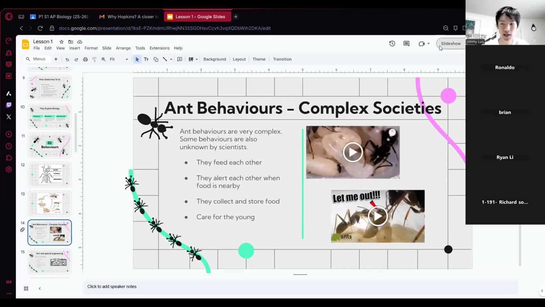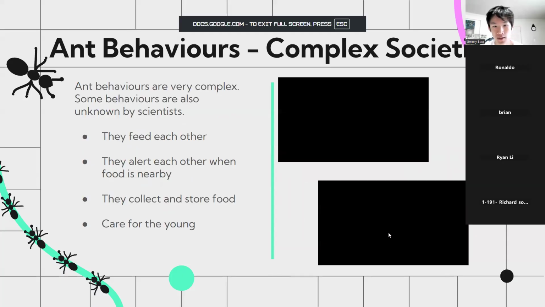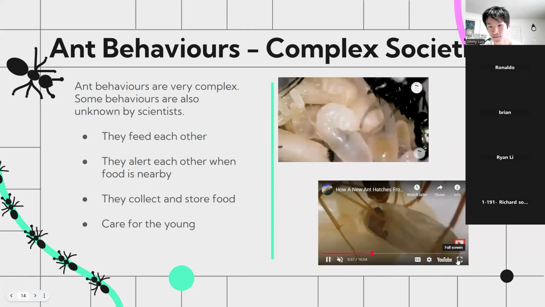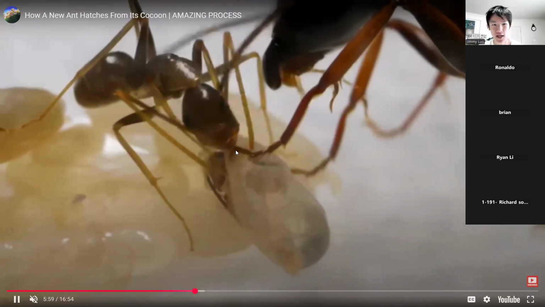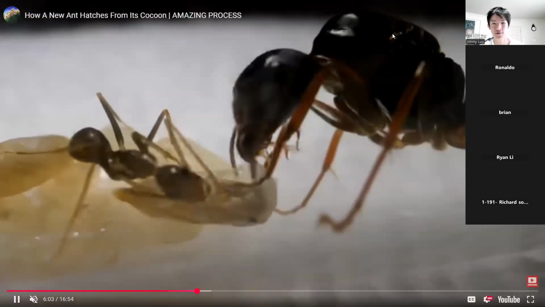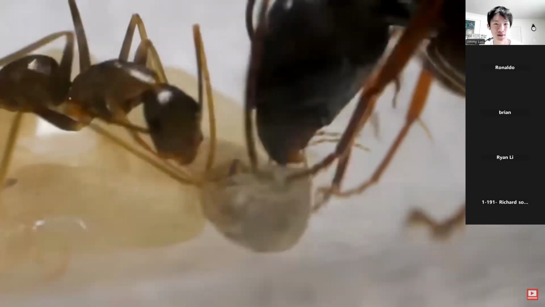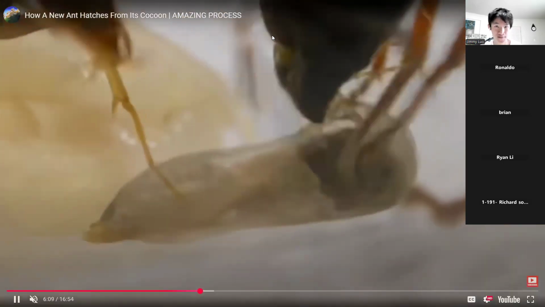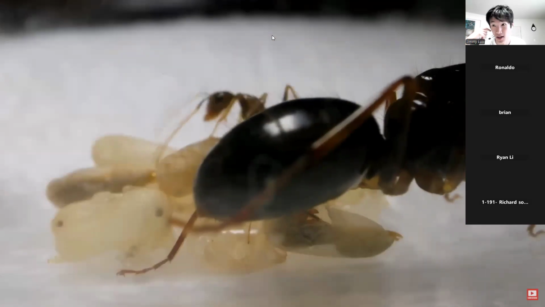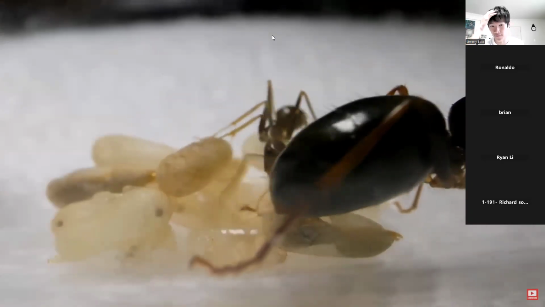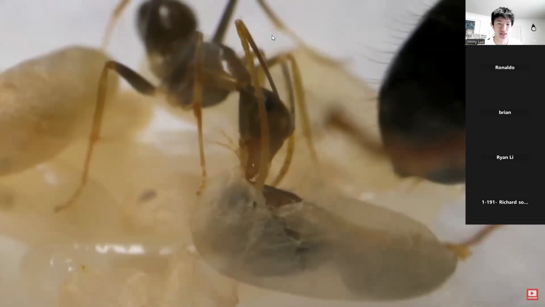So I will click on that video for you guys. Okay, so this is a video captured of an ant inside of a cocoon, and it's actually emerging. We have the queen over here and the worker over here helping the ant come out of its cocoon. So this is pretty neat stuff. It's also pretty cool to think that all of these things happen beneath our feet, and usually we can't see them.